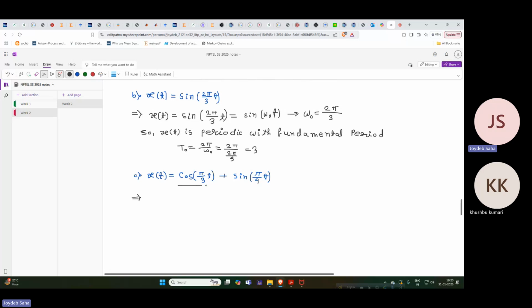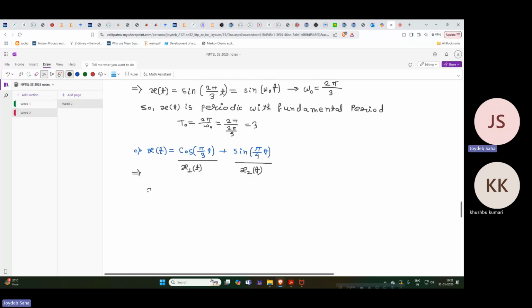So let us name it x1(t), and this is x2(t). So x1(t) is cos(pi upon 3 t).